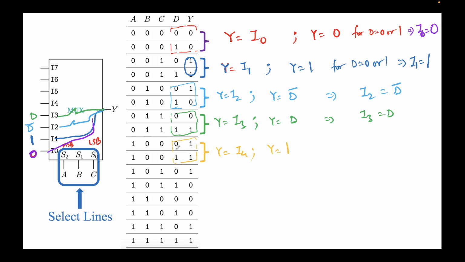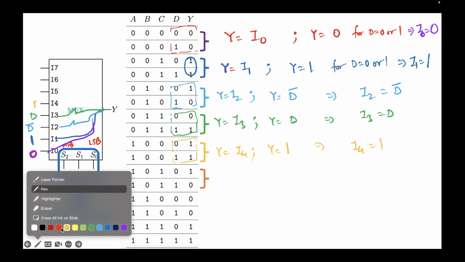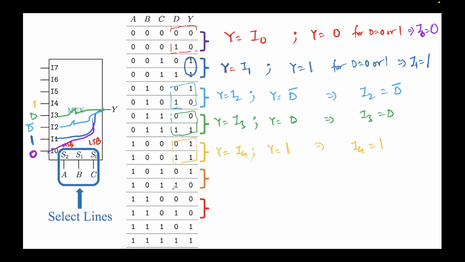So Y is equal to 1 irrespective of D. This implies I4 is nothing but 1, and hence we write 1 here. Moving forward, all right, let me do it in this color, there's no other option. For this case, Y is equal to I5. So this was the fourth case, and this is the fifth case.